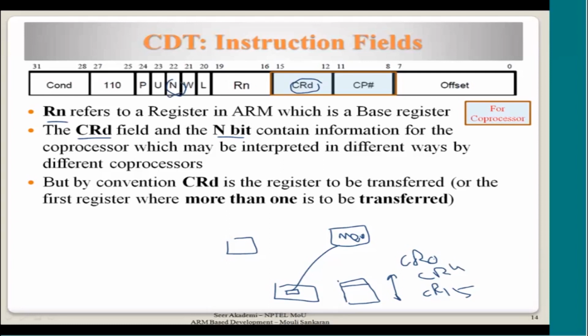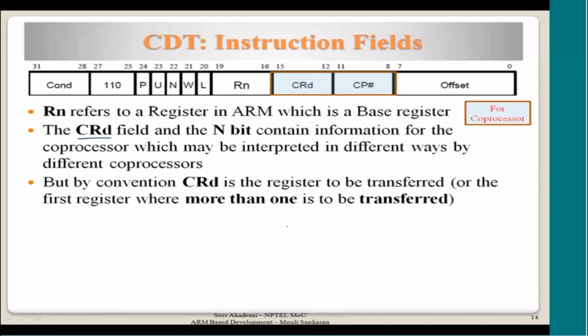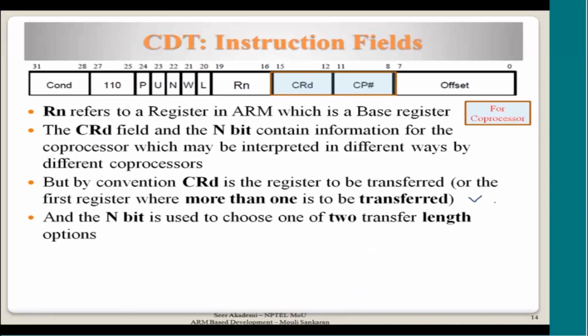That may indicate to the coprocessor that starting from CR4 till CR15 you transfer, either transfer it to the memory or load it from memory. So it is all implementation dependent. You cannot say that this is how it will be implemented, but the coprocessor can internally decide how many transfers have to be done.